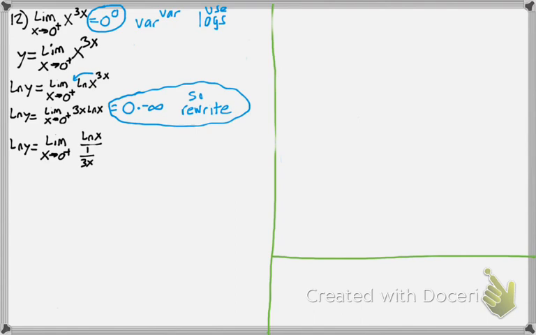Anyway, so instead of writing it as 3x times ln of x, this is ln of x over 1 over 3x.